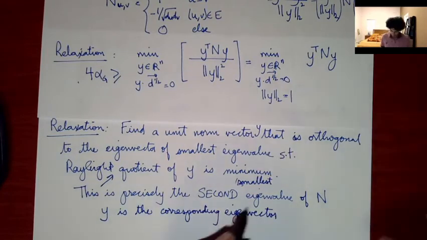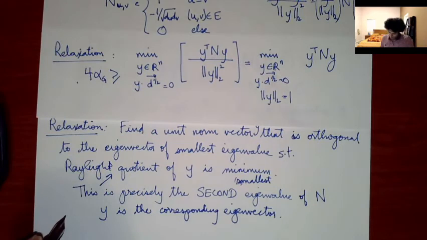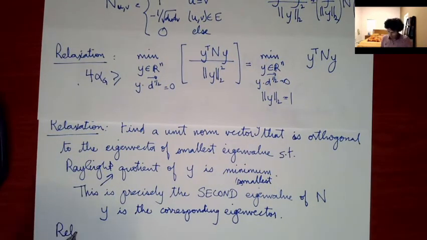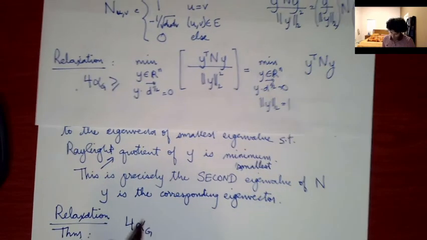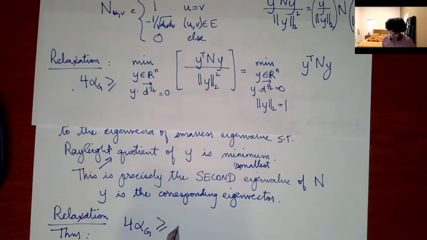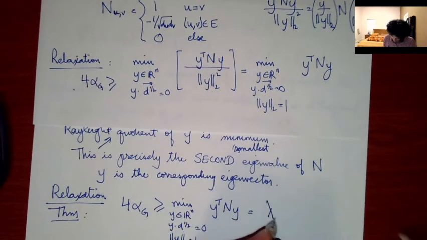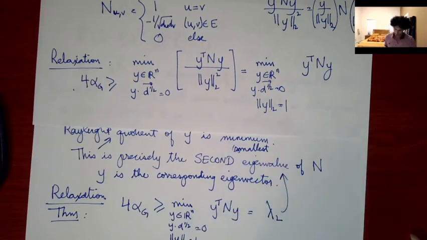So I'll explain this shortly. But let me just state the relaxation as a theorem: alpha(G) is greater than or equal to the min over y in R^n, y dot this vector is 0, unit norm 1, of y transpose N y, which is equal to lambda 2, where lambda 2 is the second eigenvalue.